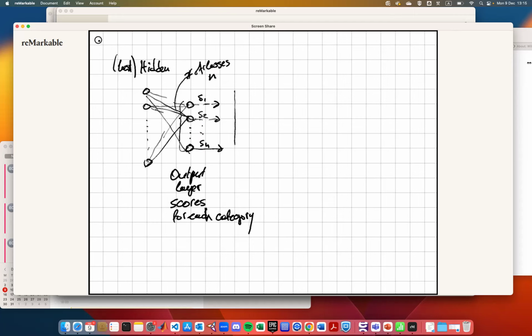We pass them through this normalizer, which we defined previously as softmax, and which produces something which we can interpret as probabilities.